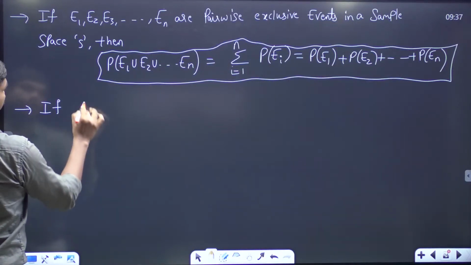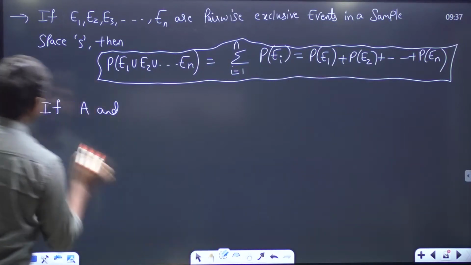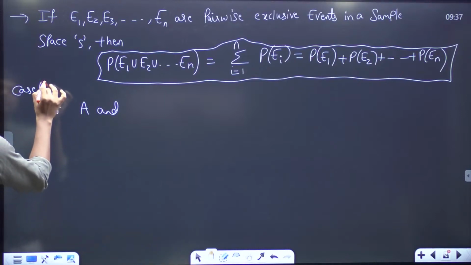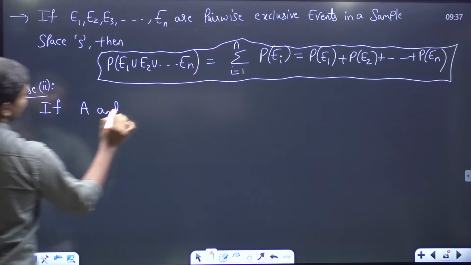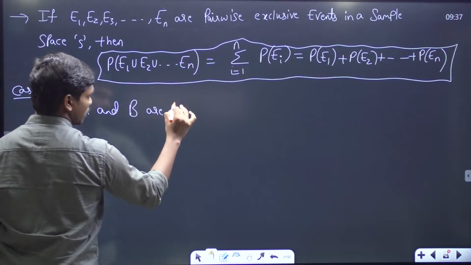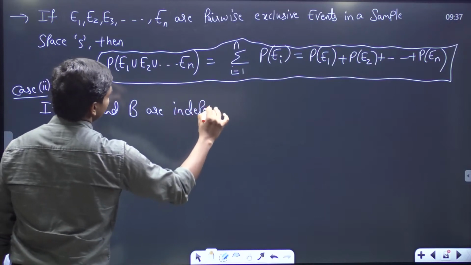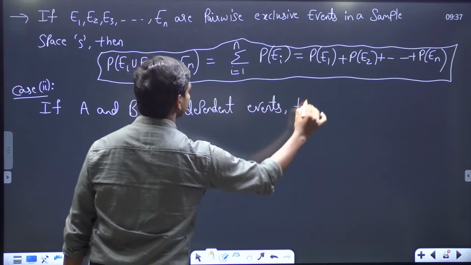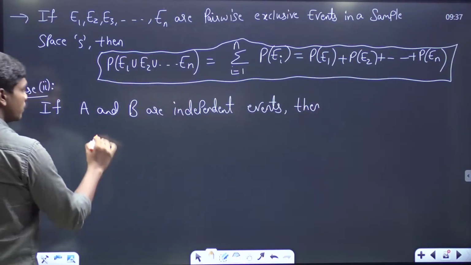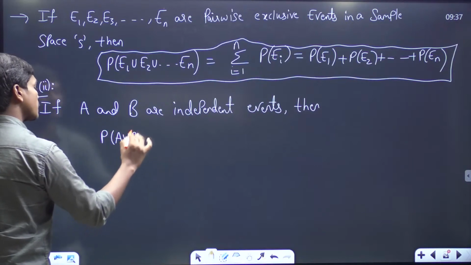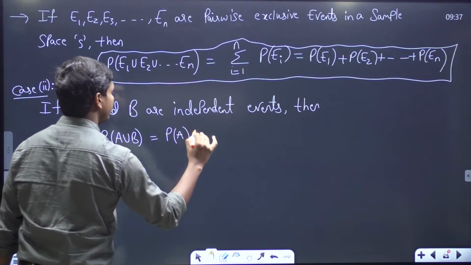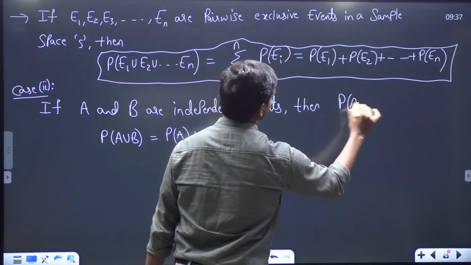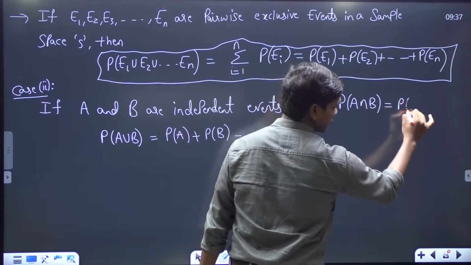Okay, next, case 2. If A and B are independent events, then please tell me P of A union B is equal to P of A plus P of B minus P of A intersection B, and P of A intersection B is equal to P of A into P of B, correct?